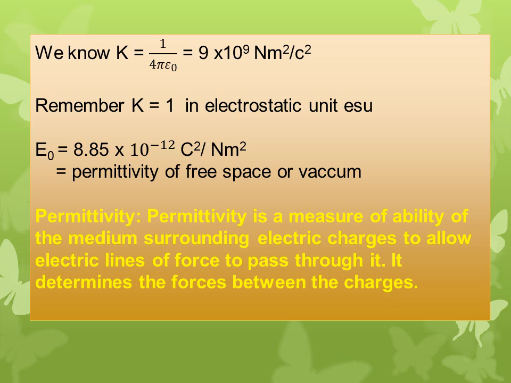It determines the force between the charges. Already in Coulomb's law we take Q1 and Q2 as the charges. Let's move to the next topic. Epsilon R is called the relative permittivity.